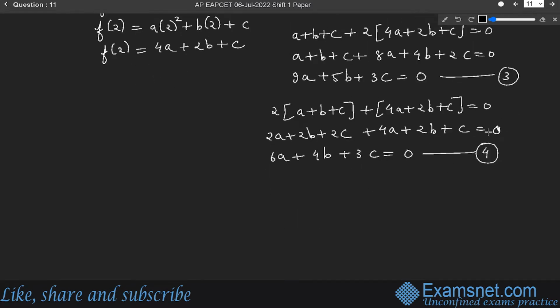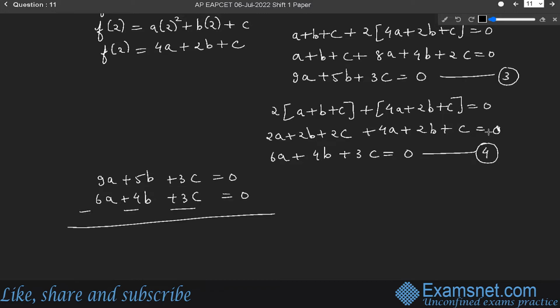Now, on subtracting both these equations, we have 9a plus 5b plus 3c is equal to 0 and 6a plus 4b plus 3c is equal to 0. This will be minus, minus and minus. 3c and 3c will be cancelled. 9a minus 6a is 3a. 5b minus 4b is b.